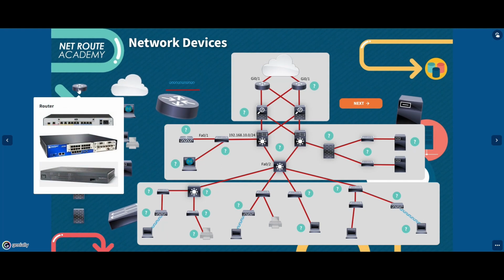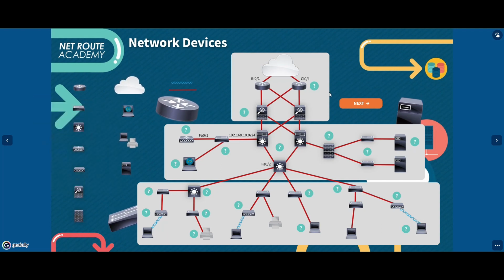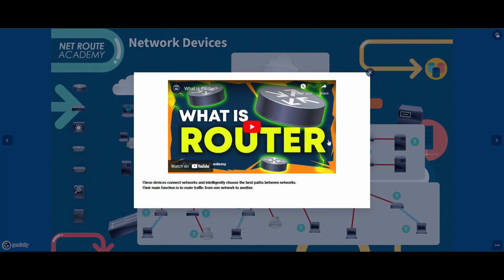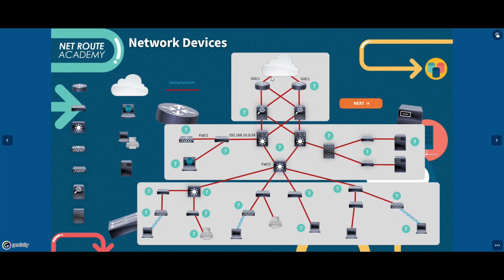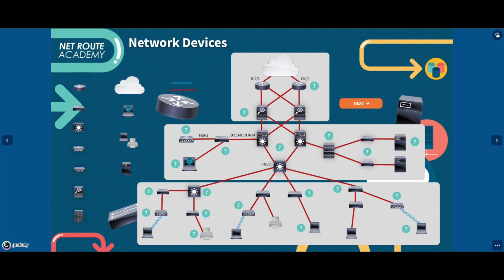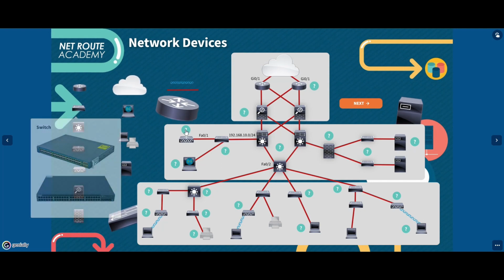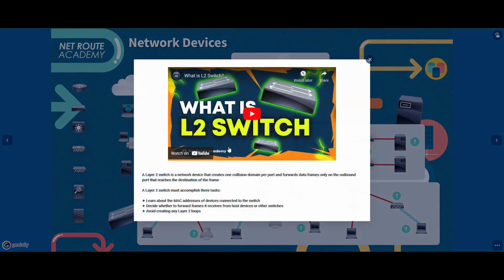First is the router. These devices connect networks and intelligently choose the best path between networks. Their main function is to route traffic from one network to another. I'm not sure if there are still hubs being used right now, but I highly suggest using a switch instead of a hub, as a hub only accepts signals from a transmitting device and just repeats those signals to other connected devices in a broadcast fashion.